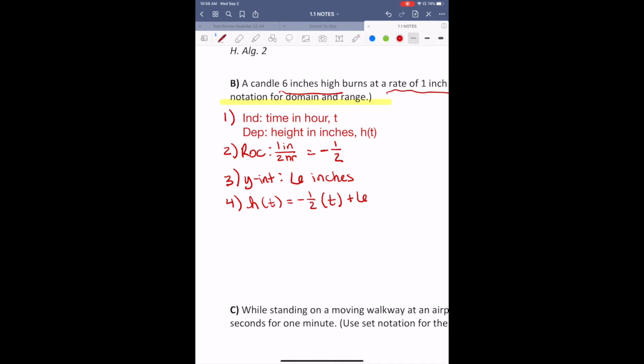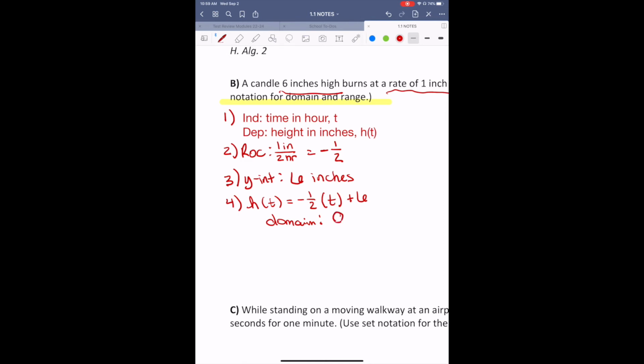Now, the domain. Our domain is our independent variable, time in hours. So how long will the candle burn for, right? Where do we even begin? Do we start counting before we light the candle or after we light the candle? We start counting when we light the candle.